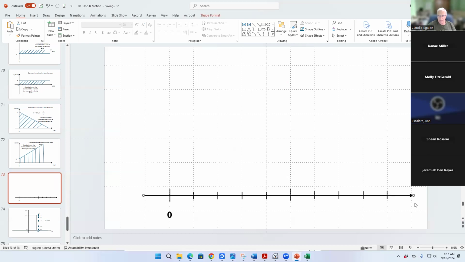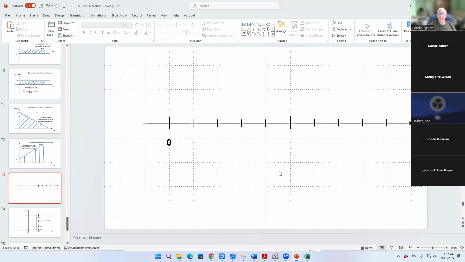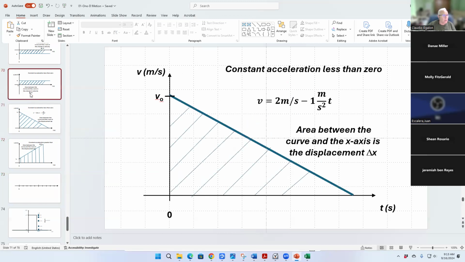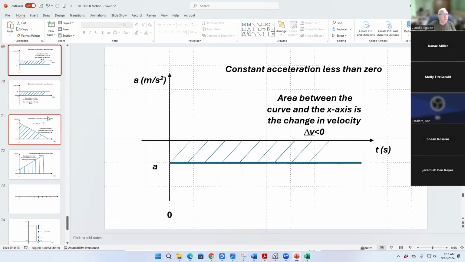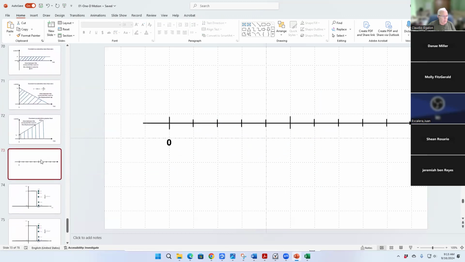That's my x-axis. Let's move it to the center. And then I'm going to get my x here. I'm going to label it not in centimeters, but in meters.